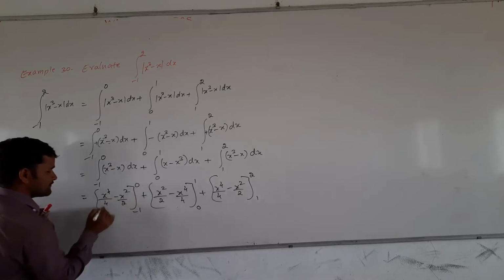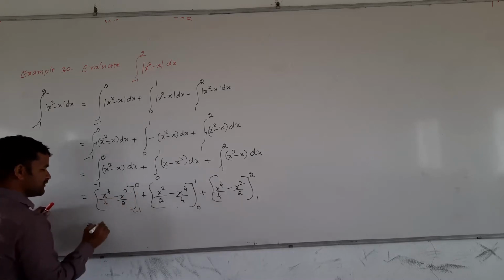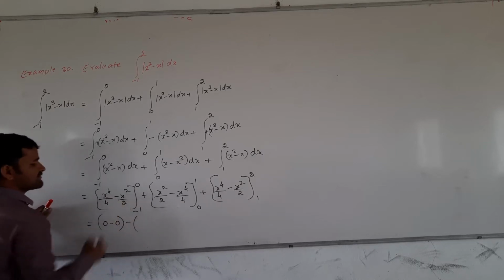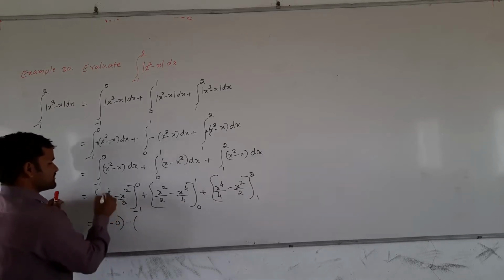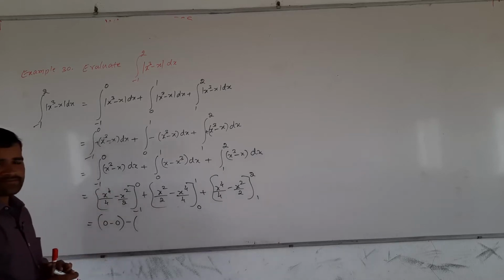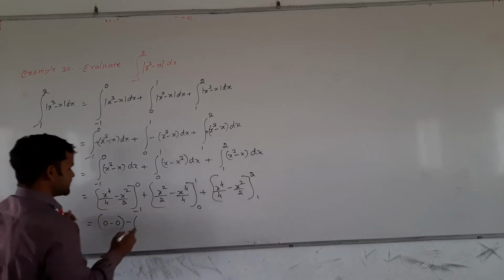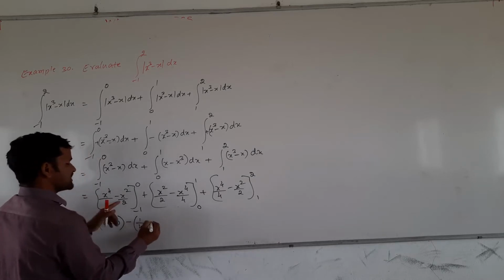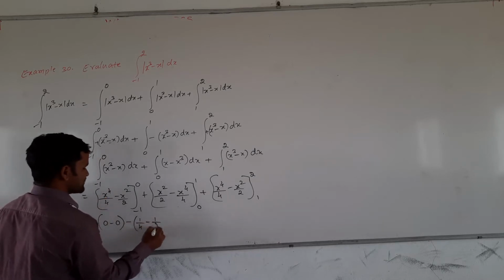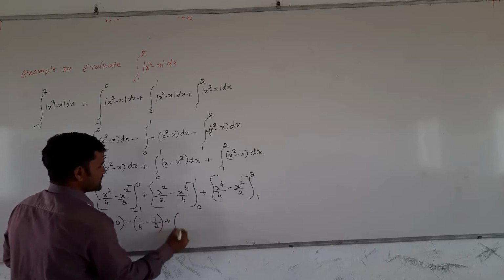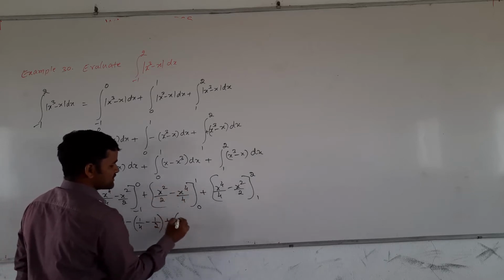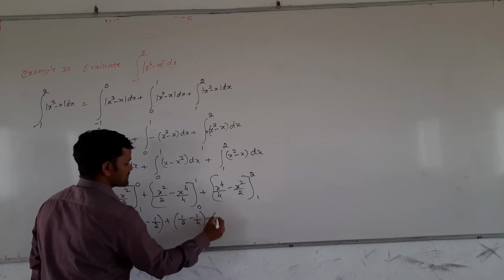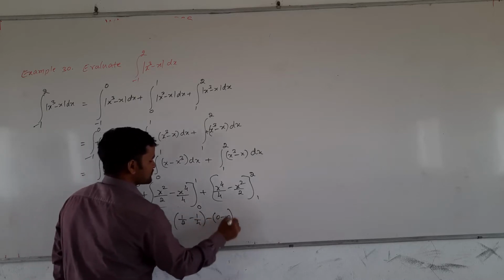Substituting upper limit x at 0 raised to 4 means it is 0 minus 0, minus of substituting the lower limit minus 1 raised to 4. Minus 1 raised to 4, it is even number, so answer is 1 by 4. Minus of minus 1 square will be plus 1, plus 1 by 2. Plus of, here substituting upper limit 1, that is 1 by 2 minus 1 by 4, minus of substituting the lower limit 0 minus 0.